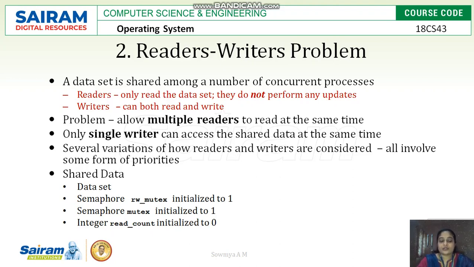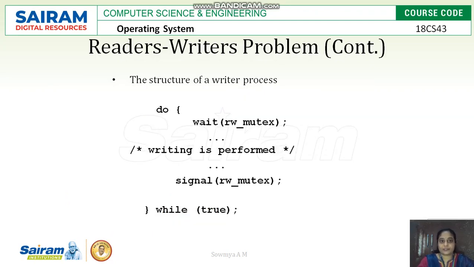Read count is initialized to 0, and mutex is initialized to 1, which is the extra semaphore value for avoiding overlapping of the work. Read write mutex will also be initialized to 1. Read write mutex is what a writer takes into consideration.